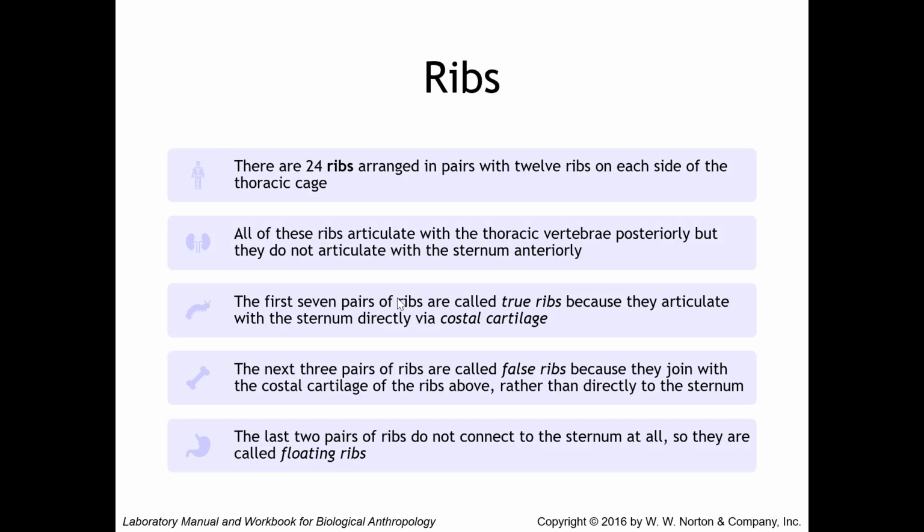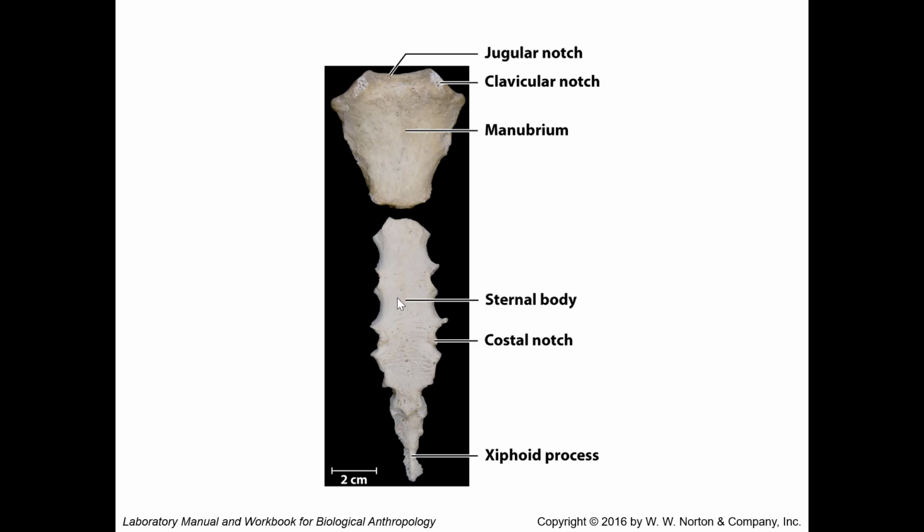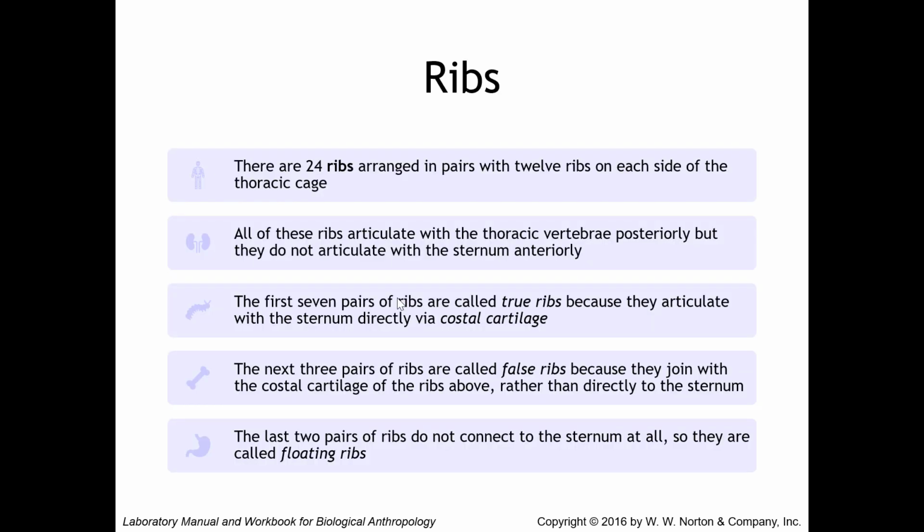All of these ribs articulate with the thoracic vertebra posteriorly, but they don't articulate with the sternum anteriorly. Remember, our costal cartilage will attach to the ribs and then articulate with the costal facets or costal notches on the sternum. So the first 7 pairs of ribs are called our true ribs because they articulate with the sternum directly via the costal cartilage.